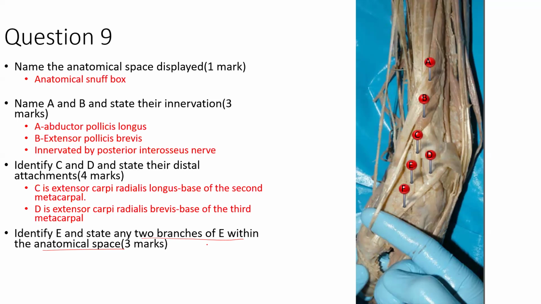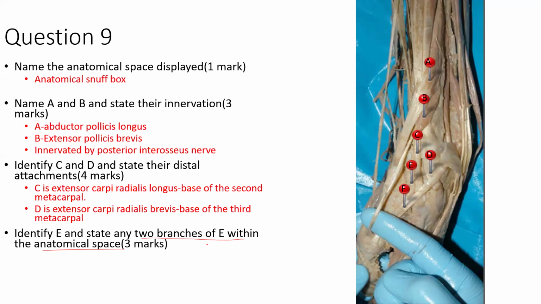Princeps pollicis, radialis indicis, is it? Are those branches given within the anatomical snuff box? No. Superficial radial artery? No.